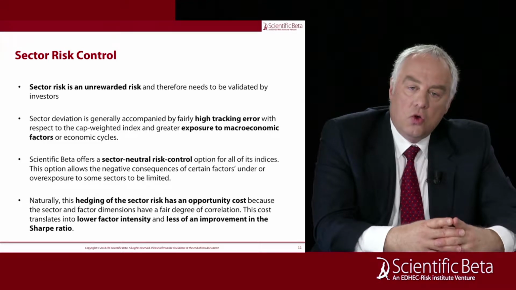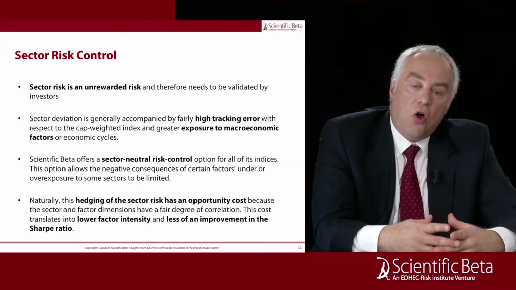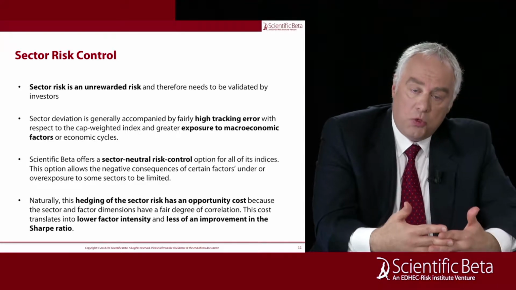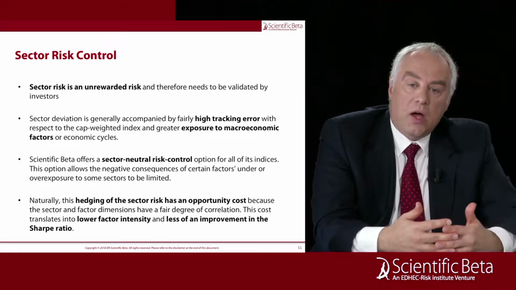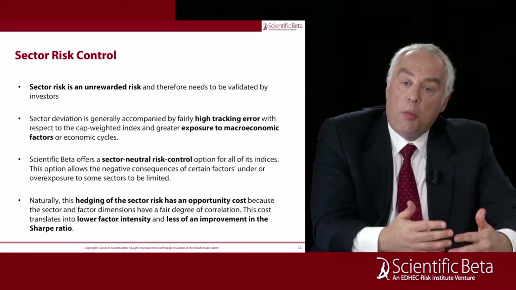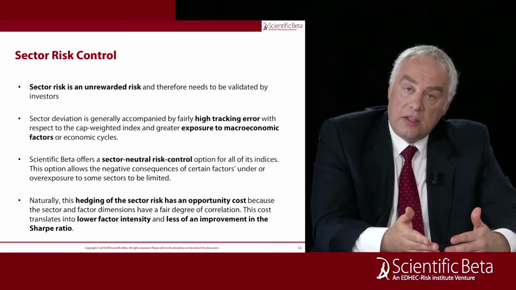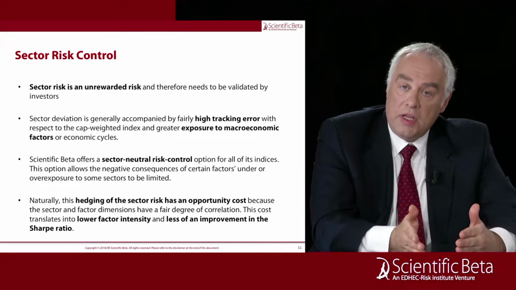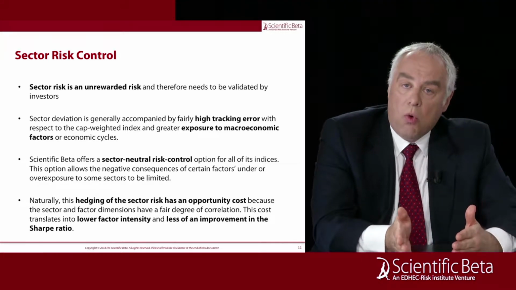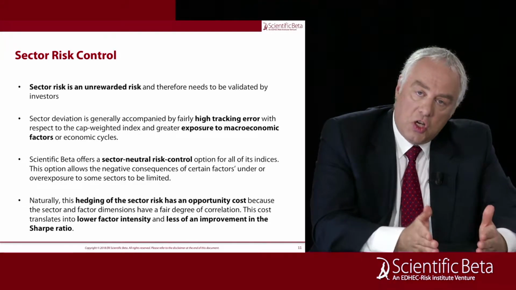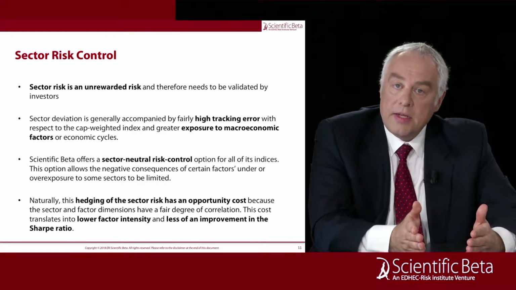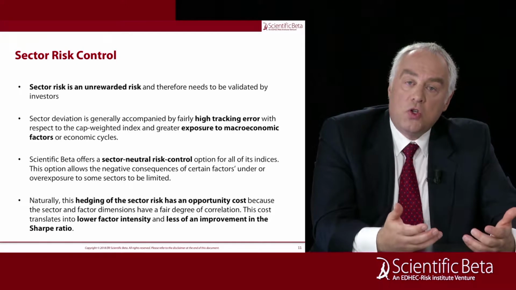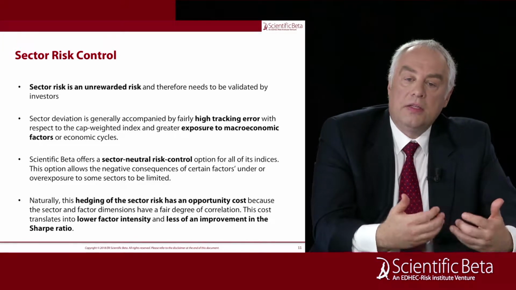So a sector-neutral version is offered as an optional risk control. The reason we offer it as an option is because hedging out sector risk has an opportunity cost. Sectors and factors are highly aligned. If you invest in low volatility, you tend to invest more in utilities. If you make an adjustment to utilities, you'll get less low volatility, you'll get less factor exposure, you get less factor intensity.